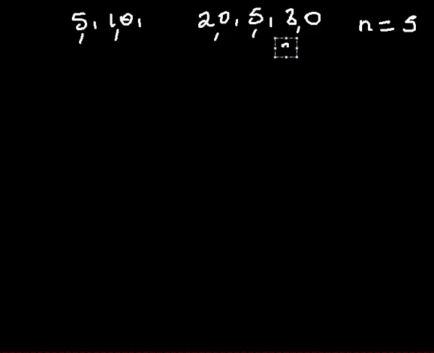Now the formula for the mean is x bar equals the summation of the values divided by the sample size. So in this case, how many values are here?